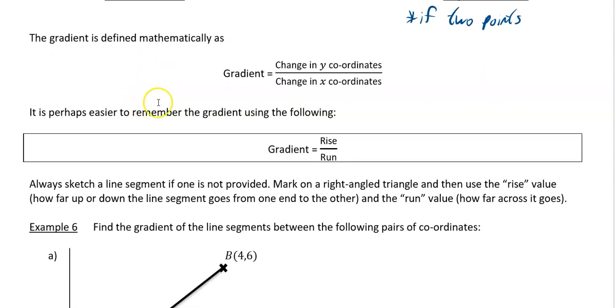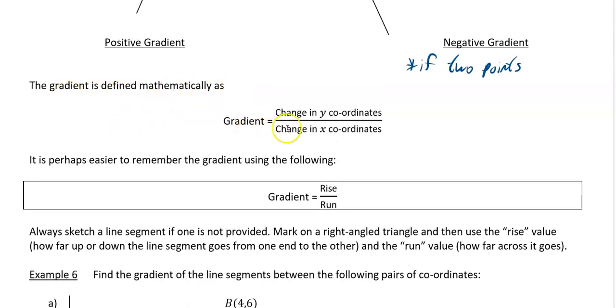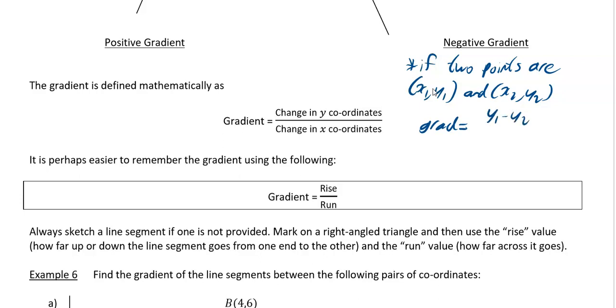Mathematically, the gradient is defined as the change in the y-coordinate divided by the change in the x-coordinate. So can we just add into this, if 2 points are x1, y1, and then x2, y2, then we'll just say the gradient is equal to y1 minus y2 divided by x1 minus x2.